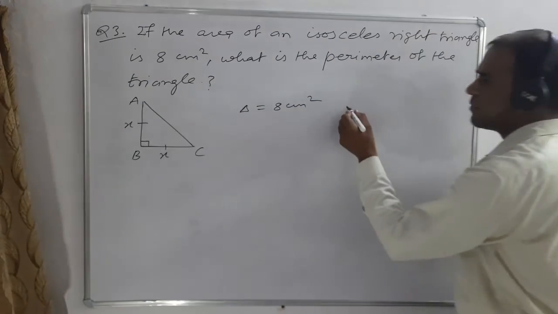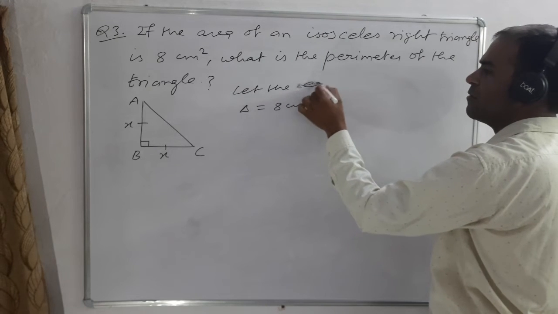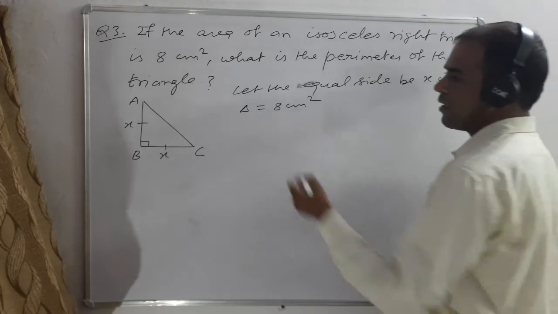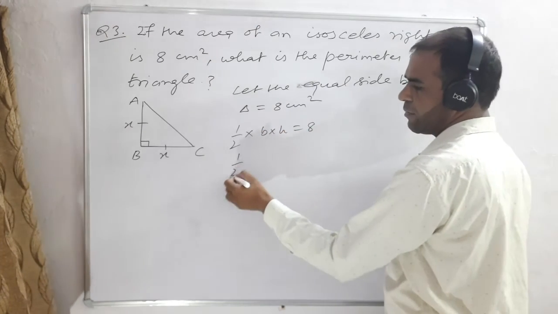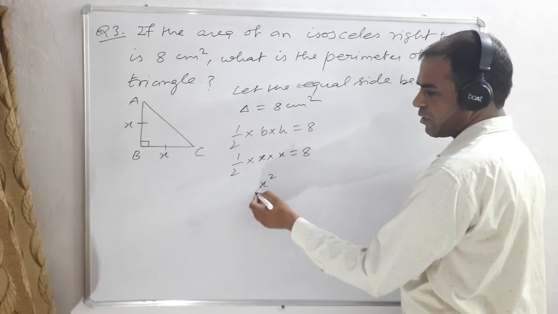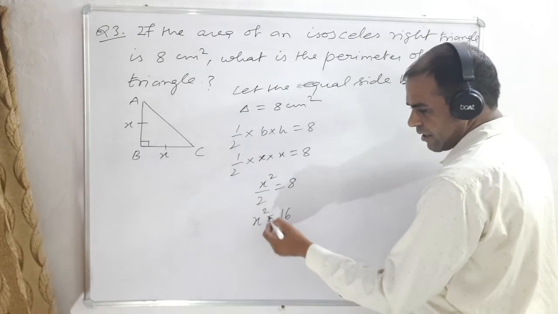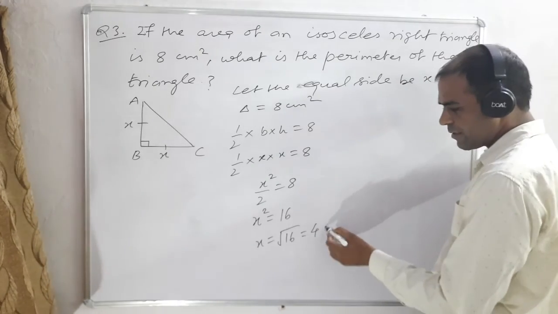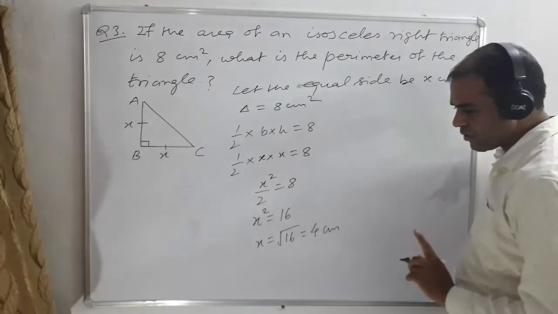So let the equal side be x, and area is half into base into height is 8, so half, here base is x, height is also x, x into x, x square upon 2 equals 8, so x square equals 16, so x equals root 16, and the value of root 16 is 4 centimeter, and length cannot be negative, so we will take the positive side, so x is 4 centimeter.